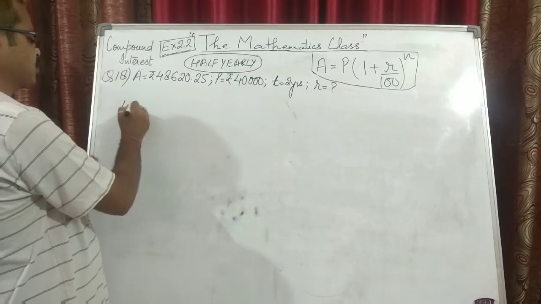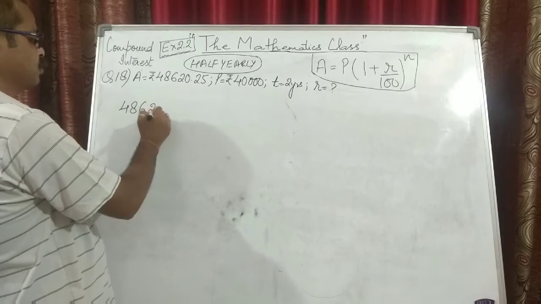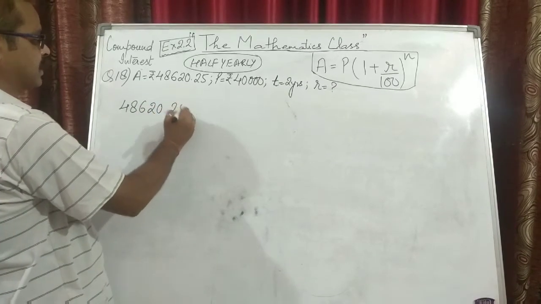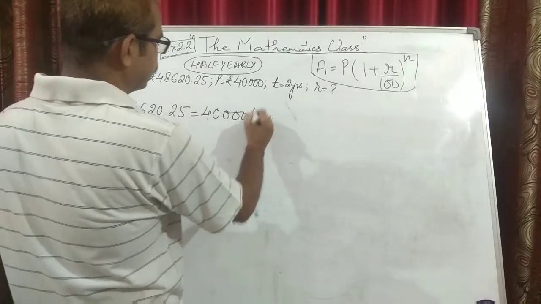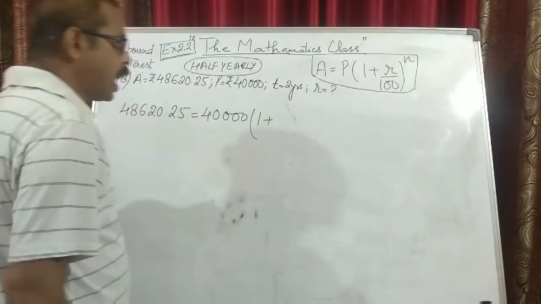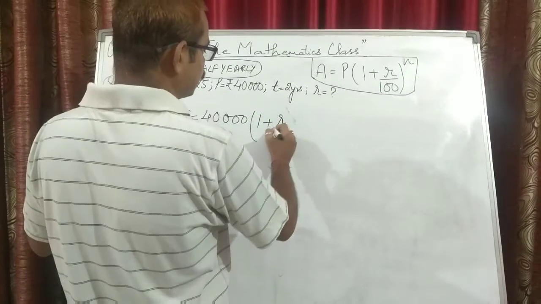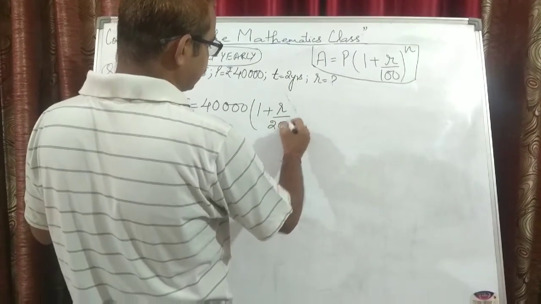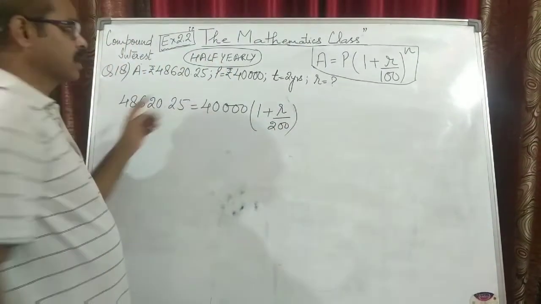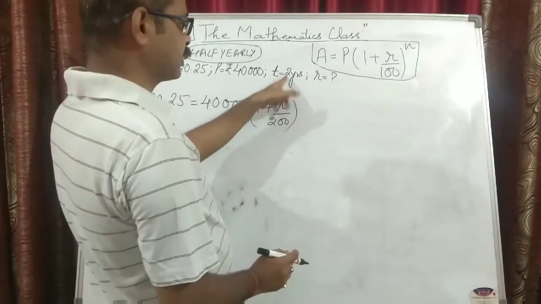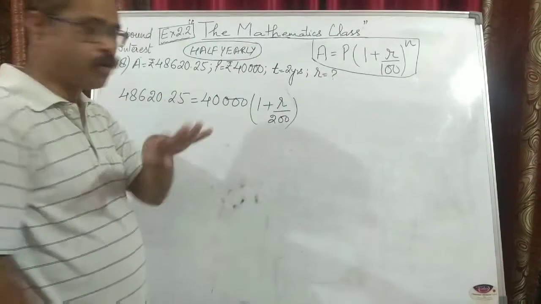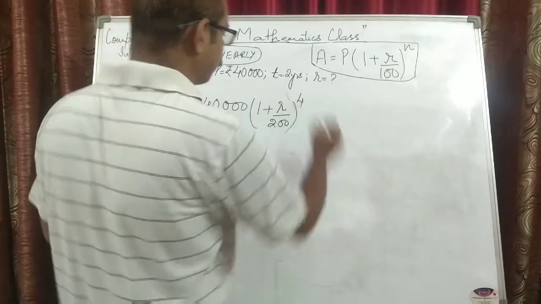Amount is equal to 48620.25 is equal to principal, that is 40,000 into (1 plus R upon 200). Why is it 200? Because the interest is calculated half yearly, and to the power, time is 2 years, so how many half years? 4 half years. So here it will become 4.